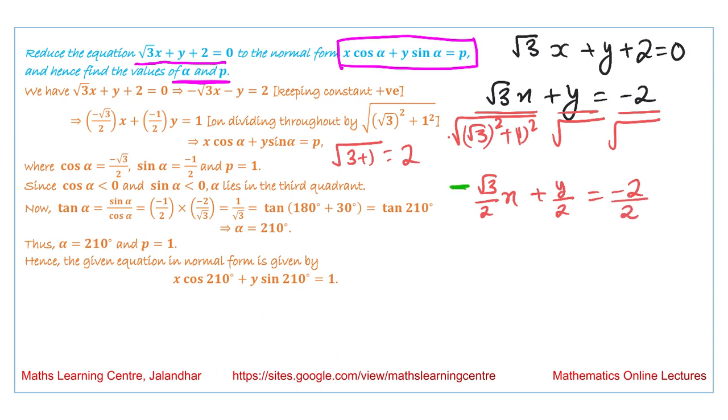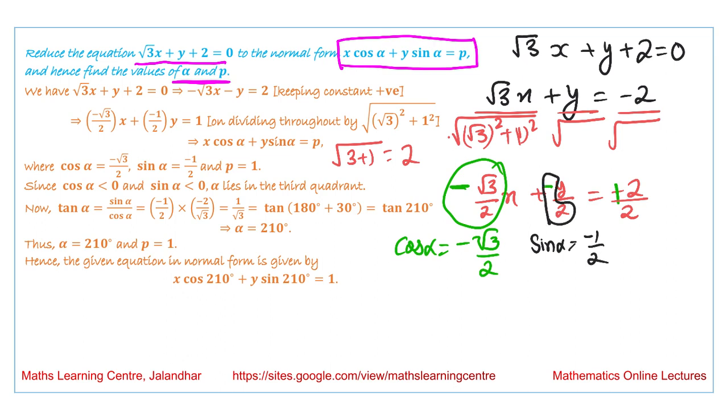Now, if we multiply it with negative sign, this term will become plus. Now, we substitute cos alpha is equal to minus root 3 by 2, sin alpha is equal to minus 1 by 2, and this is the value of p that we have.